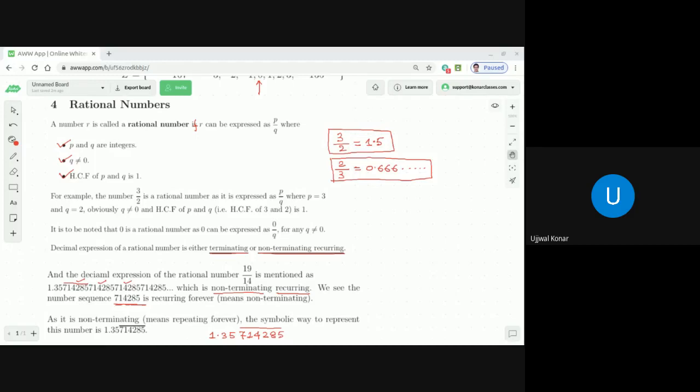Okay, dear students, now let's have a very interesting discussion on how to find multiple rational numbers between two given rational numbers.